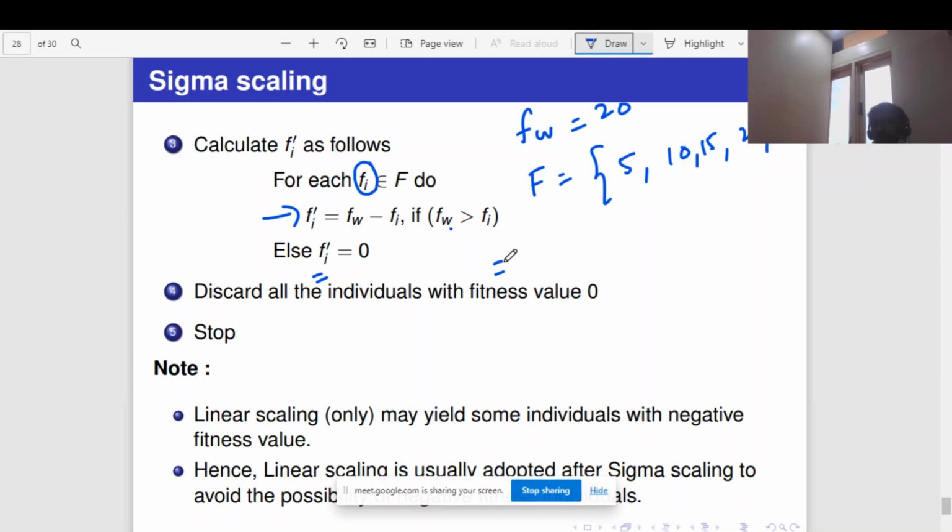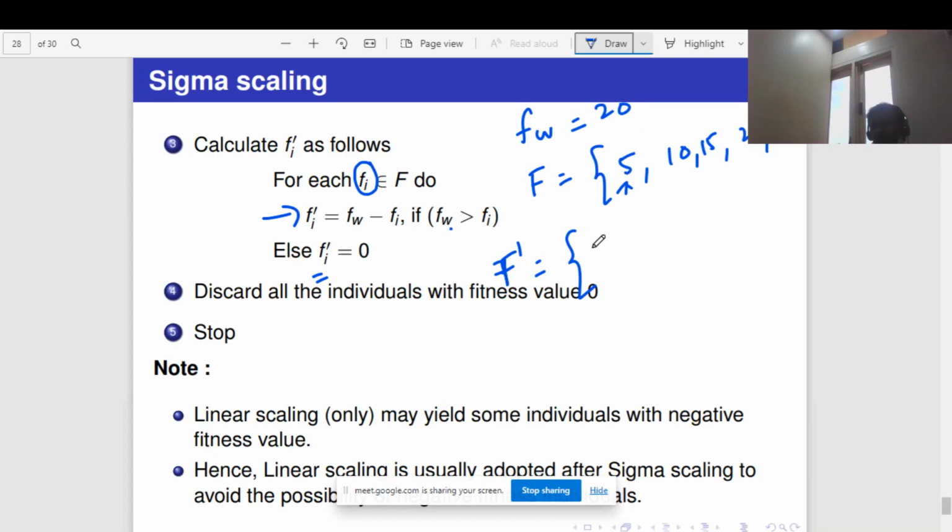What will be f dash as per this formula? These are the individual Fi. This is Fw. If Fw is greater than Fi, what should you do? Otherwise, 0.